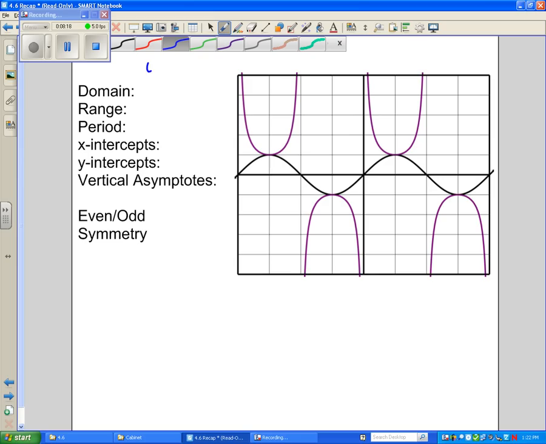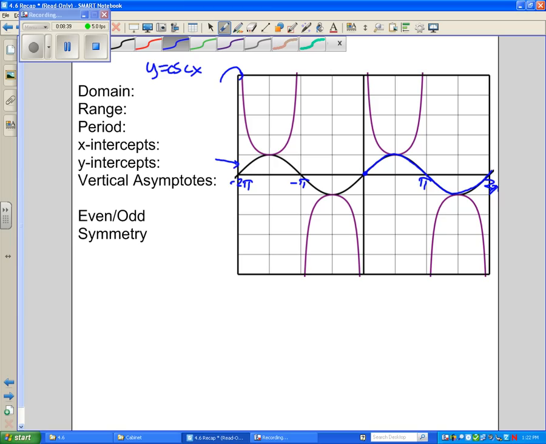This graph is the cosecant graph. I know that because sine starts and stops on its axis. I've scaled this by pi's over 2. Now, focusing on the cosecant graph, that's this purple graph right here, not the black graph.